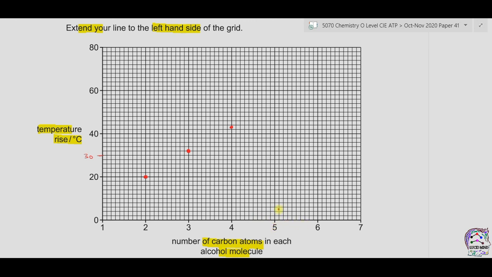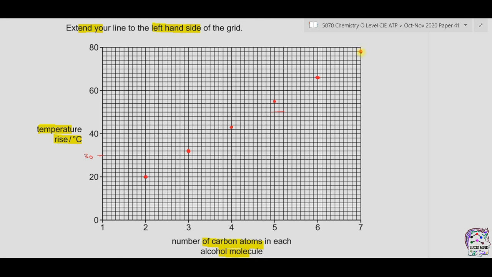For 5 carbon atoms, the temperature rise is 55. So in the middle, we have 50. And then this is 55. For 6 carbon atoms, the temperature rise is 66. So we can move to the third box. This is 66 degrees centigrade temperature rise. For 7 carbon atoms, the temperature rise is 78.